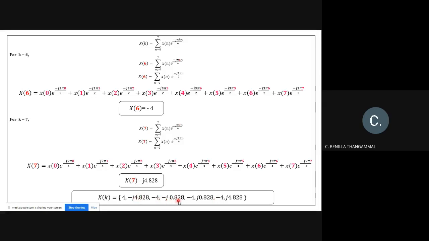See here, this is minus j 0.828, this is plus j 0.828. This is minus 4, and here it is minus 4 because you don't have an imaginary part. Here minus j 4.828, here it is plus j 4.828. So complex conjugate means there will not be any change in your real part, only the sign gets changed in your imaginary part.